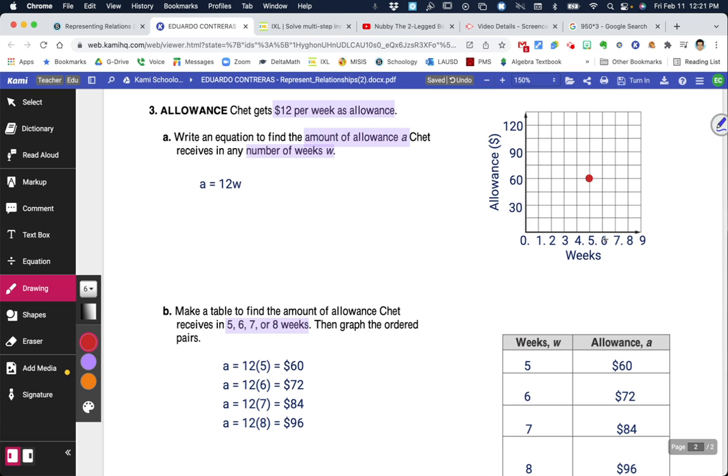Then go to 6. What value do we want for 6? 72. Okay, that might be a little challenging. We have to figure out where 72 is on this graph, and it doesn't necessarily tell you. Okay, this is 90, so that's too high. Where I'm at right there, halfway between 60 and 90, how much is that?